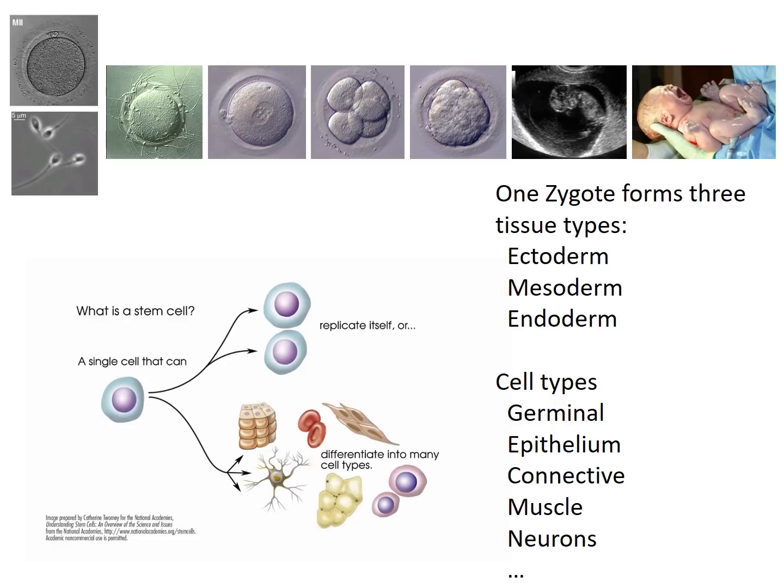So we can think of that zygote as the ultimate stem cell. That zygote has all the DNA that it requires to eventually become the different types of specialized cells that make up the human body. And as we move through this course, we're going to be talking about some of those specialized cells, and we certainly will be talking about some of that tissue as well.